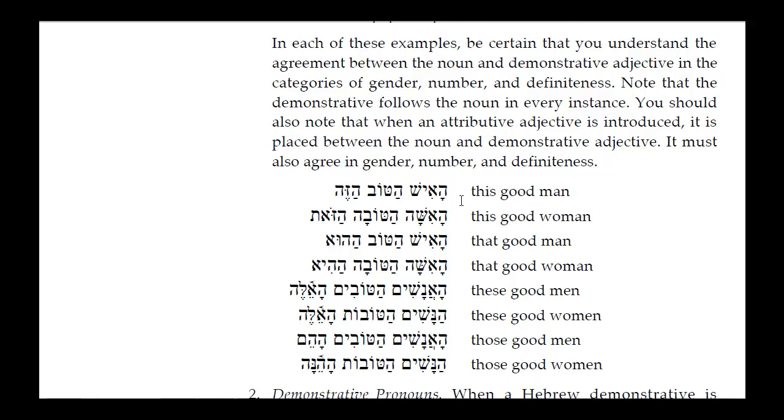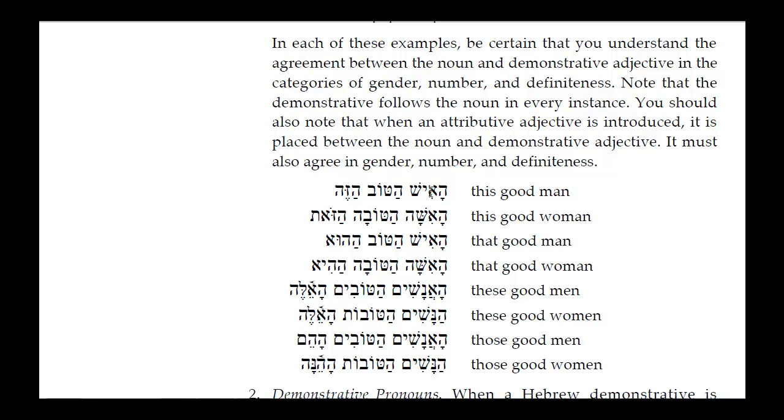Ha-ish ha-tov ha-zeh. We have ha-ish, which is the noun, the man; ha-tov, good; ha-zeh, this. So what we translate here is "this good man." Ha-tov is an attributive adjective agreeing with ha-ish in gender, number, and definiteness, and you see how it's placed in between the noun and the demonstrative adjective.